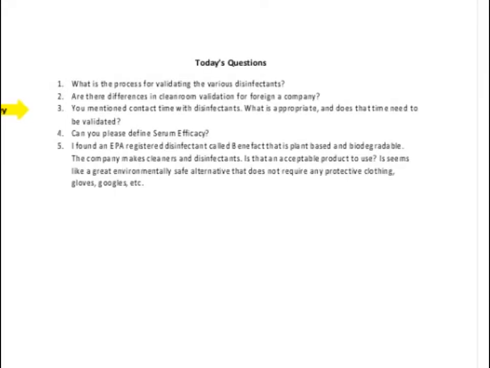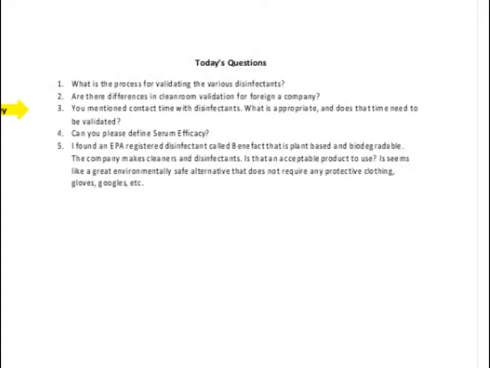We have some customers using one of our products called Spore Cleanse, and they've tested to kill certain types of bacillus in 5 minutes. So that time does need to be validated, and it depends upon what organism you have issues with in your facility as to what is appropriate.